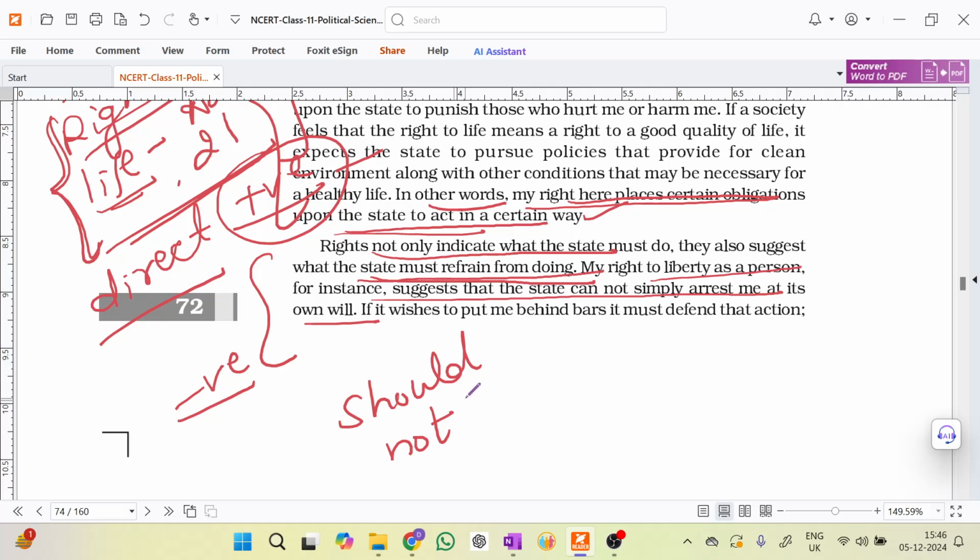But these rights also tell the state what things it must refrain from doing, such as my right to liberty, that is Article 19, right to freedom. It suggests that the state cannot arrest me at its own will. It cannot wishfully or willingly arrest me.